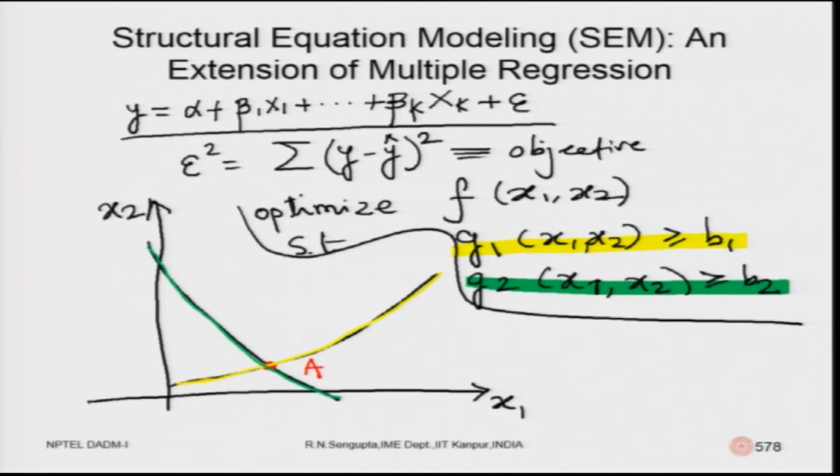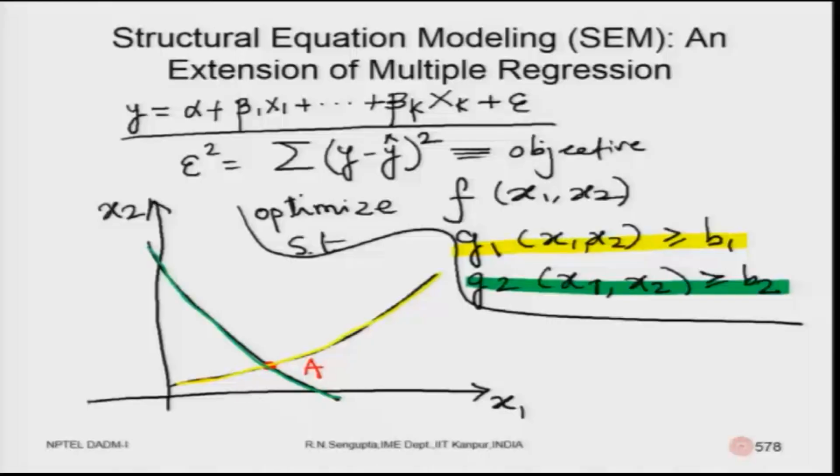Consider they are normal. If it is normal, the mean value of that constraint would be the lines which I have drawn. The mean value means the expected value. As you repeat and try to find different values of x1 and x2, it will be a random variable, but it will have an expected value.